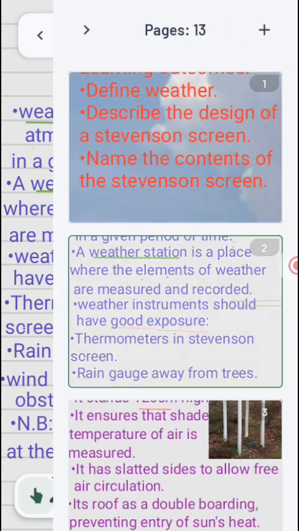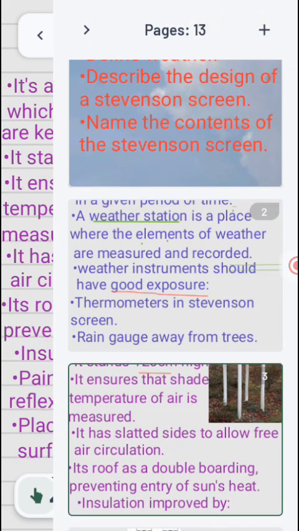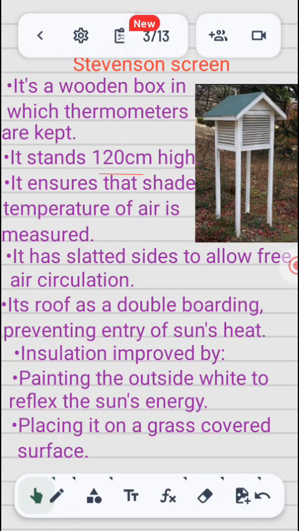So now we move on to the Stevenson screen. The Stevenson screen is basically a wooden box in which thermometers are kept. It looks pretty much like this, and it stands at a height of 120 centimeters or 1.2 meters from ground level. It ensures that the shade temperature of air is measured.